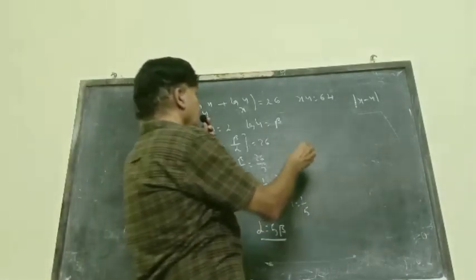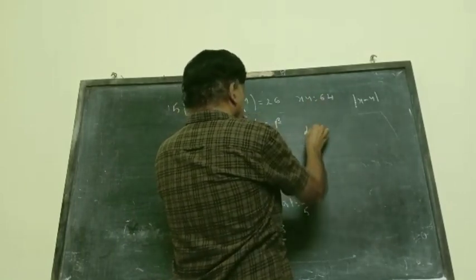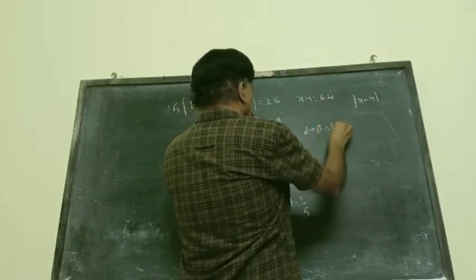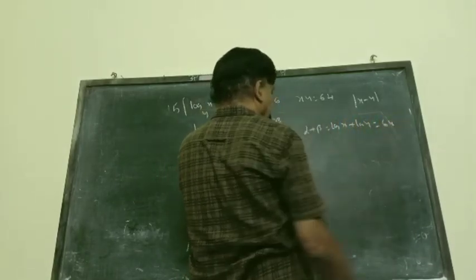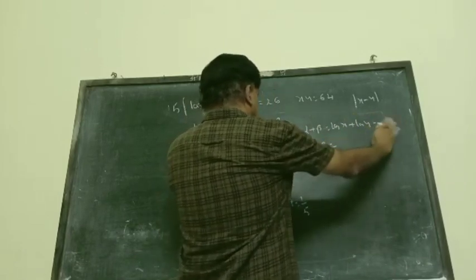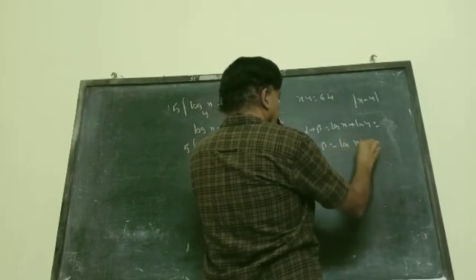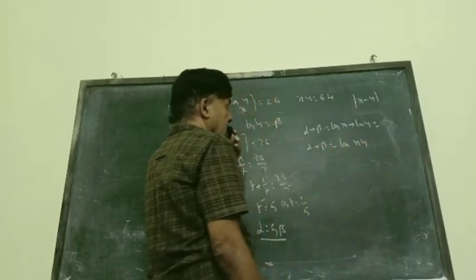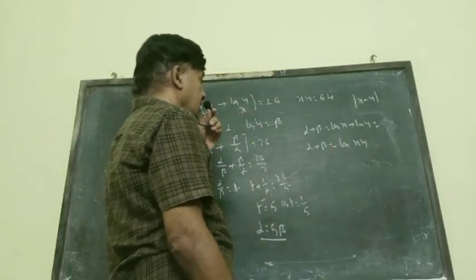Now, listen. Log xy is there. So what is alpha plus beta? Log x plus log y is what? Alpha plus beta is equal to log xy you got.